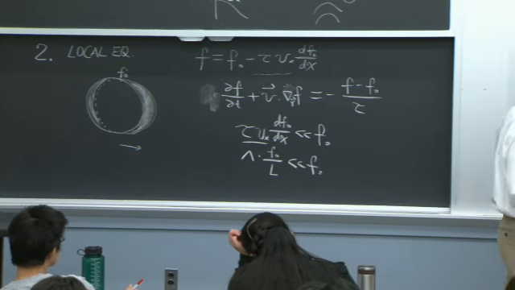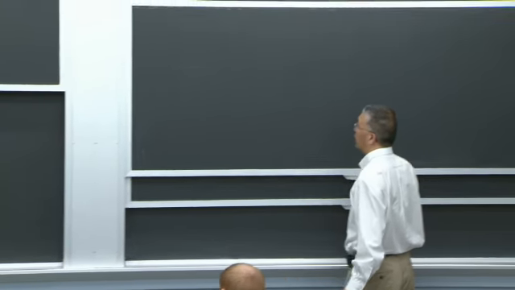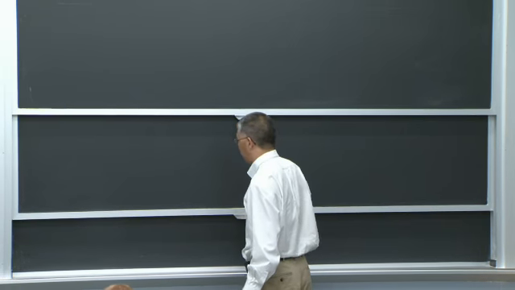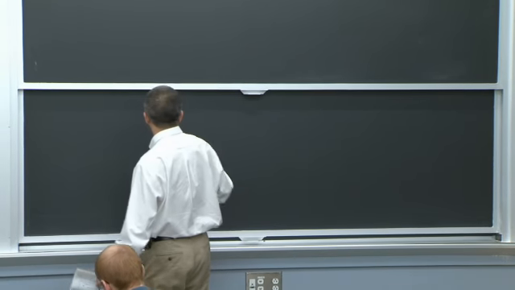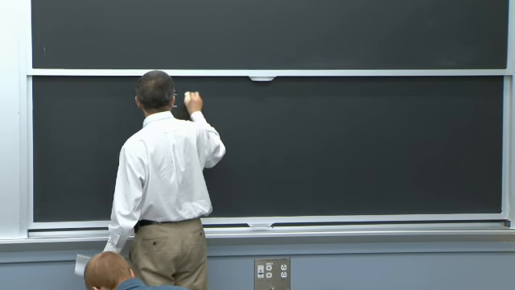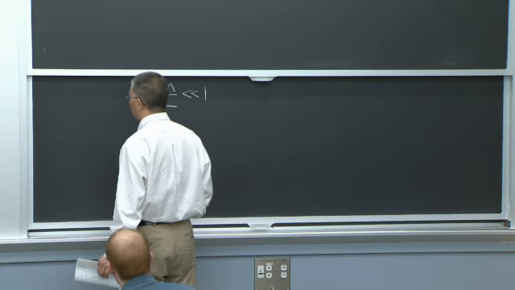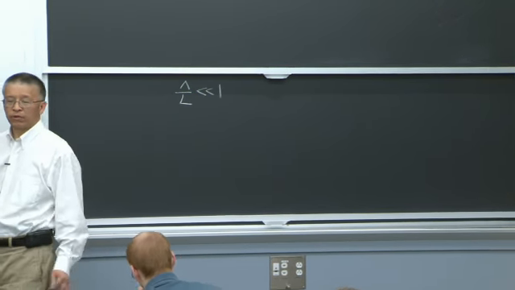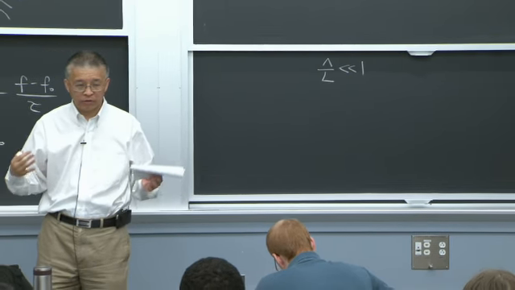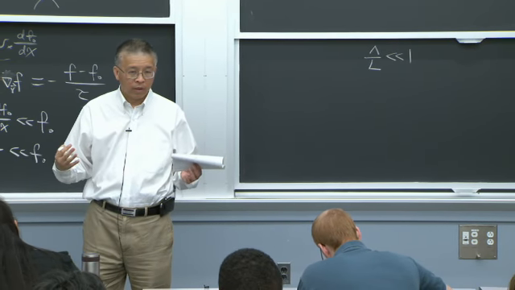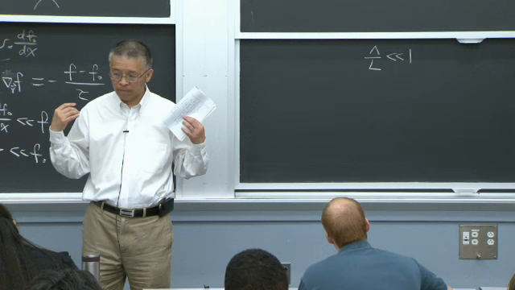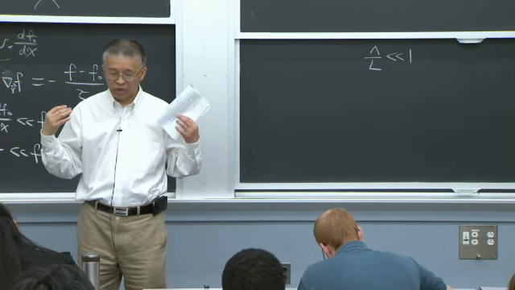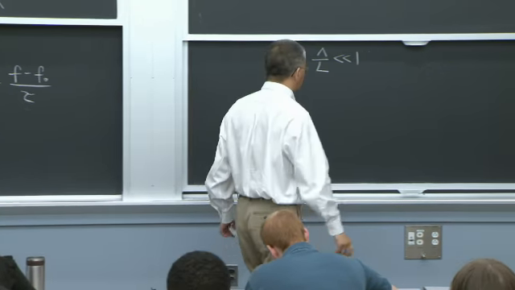What it tells me is one condition: the mean free path is much smaller than the characteristic length. When the mean free path is comparable to the characteristic length of transport, your assumption is not valid. So that's one condition.